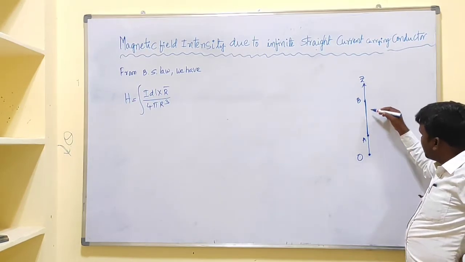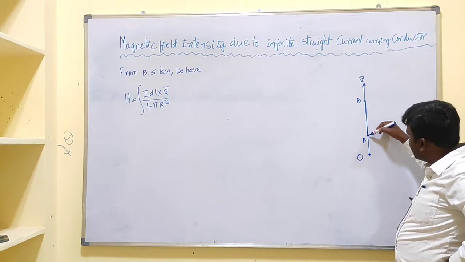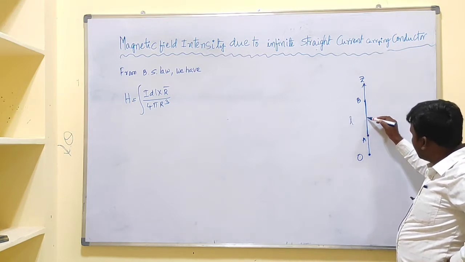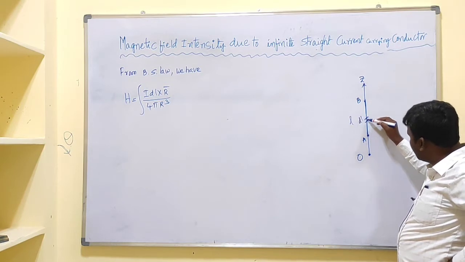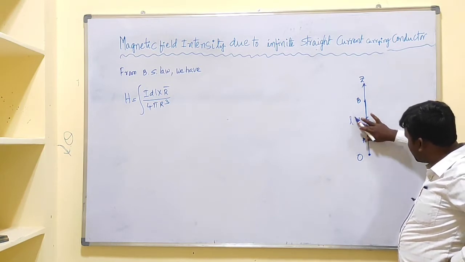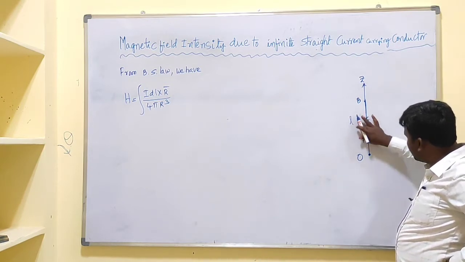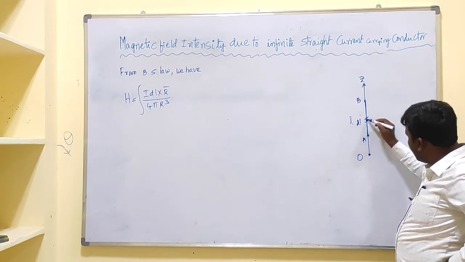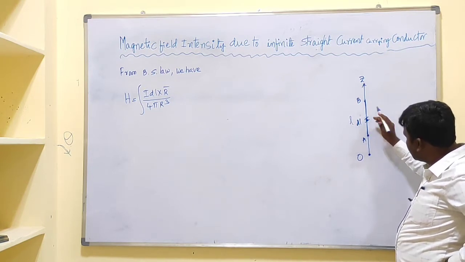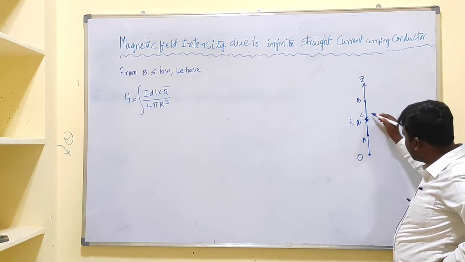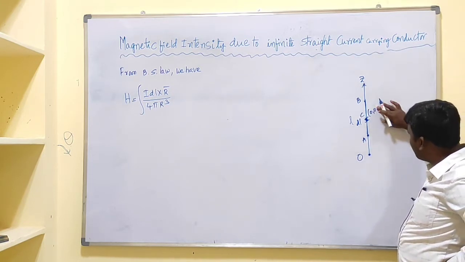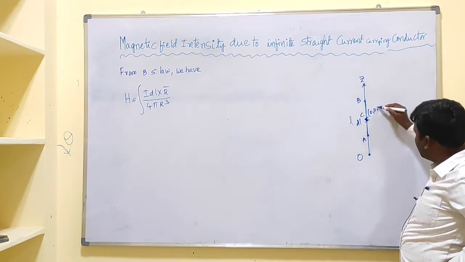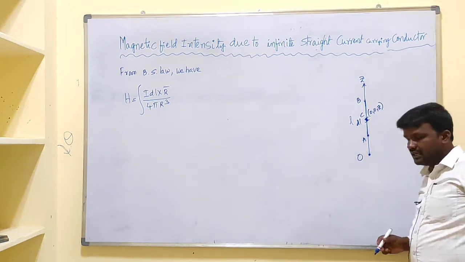Let us consider the length of this line is L, and let us consider a source point at this location of length dl. I consider this point as C. Of course, the location of this point can be taken as 0, 0, z, as this point is on the z axis.